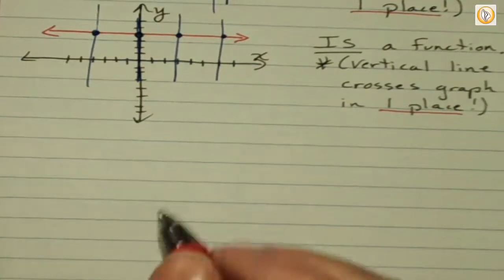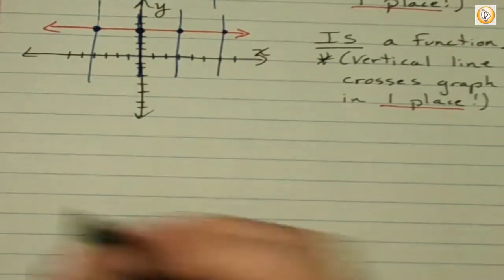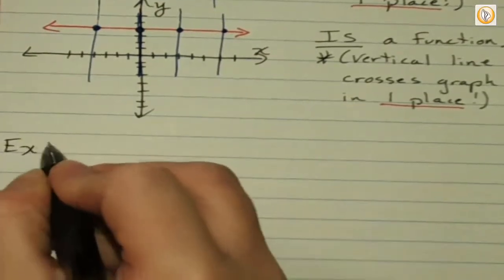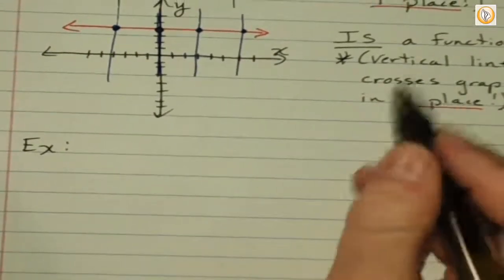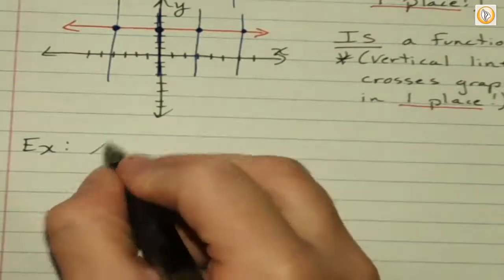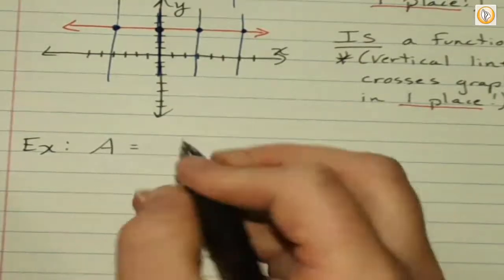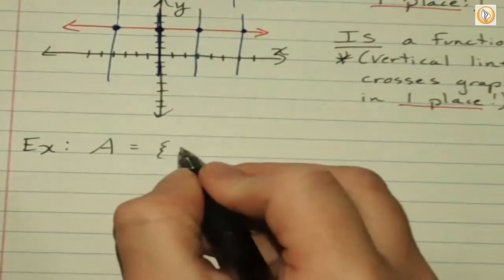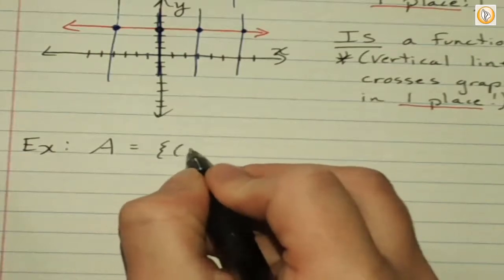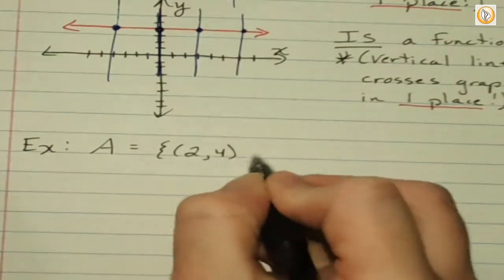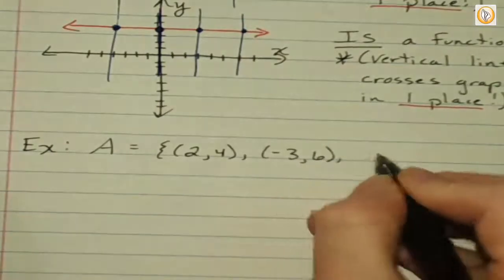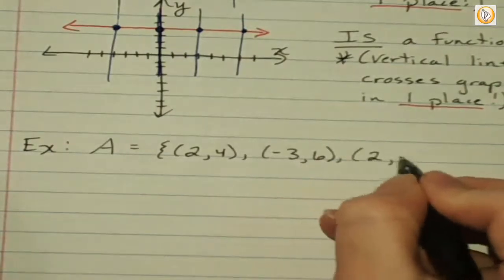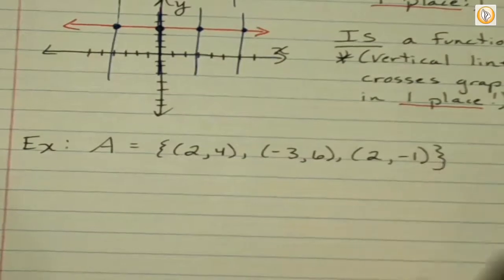All right. Let's do another example. Does everyone have this? All right. What if there is a set of ordered pairs? Another name would be a relation. Write that down.